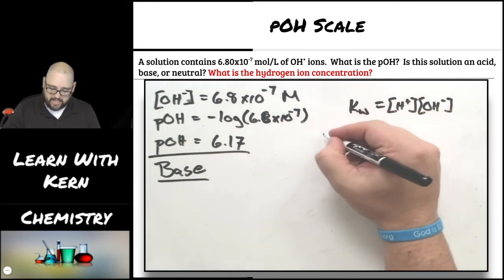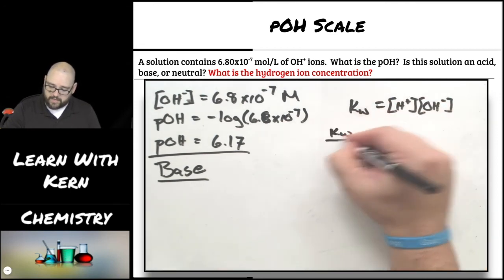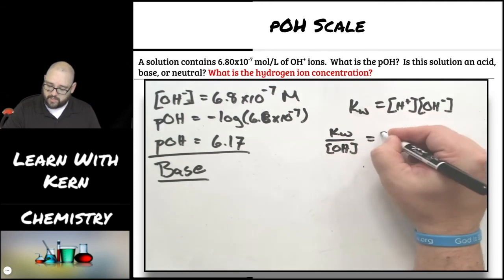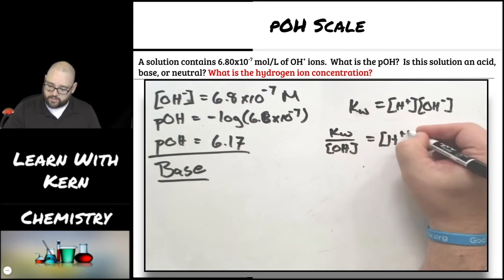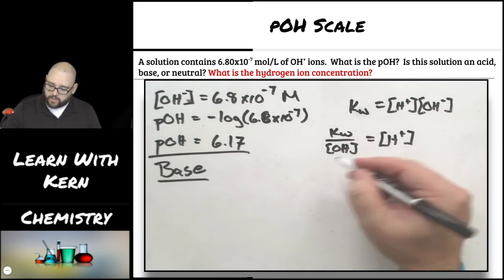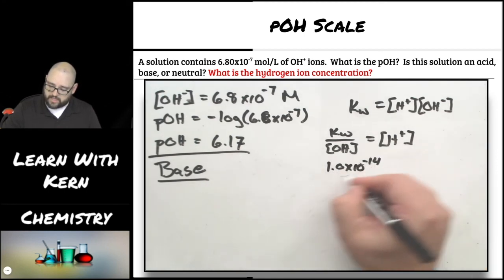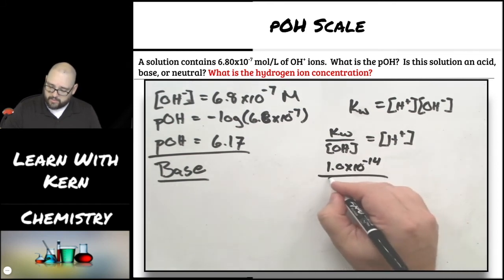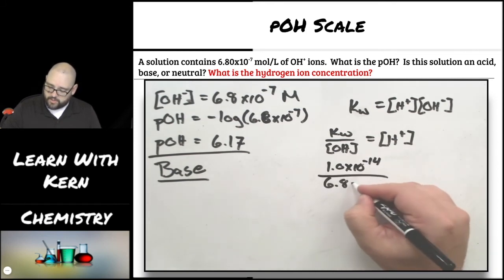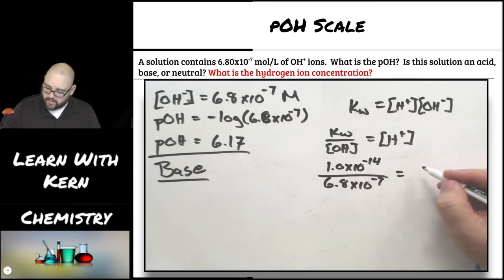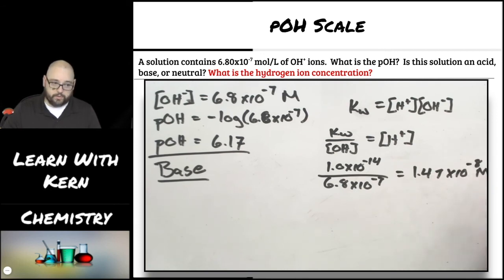So I know that my Kw divided by my hydroxide concentration is going to give me my hydrogen concentration. So I plug in my numbers. 1.0 times 10 to the negative 14th is Kw, divided by my hydroxide concentration, and that gives me an answer of 1.47 times 10 to the negative 8th molar.